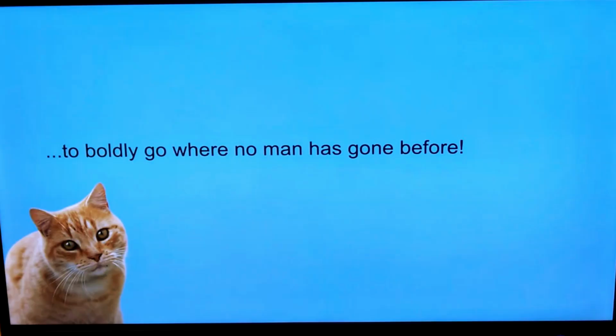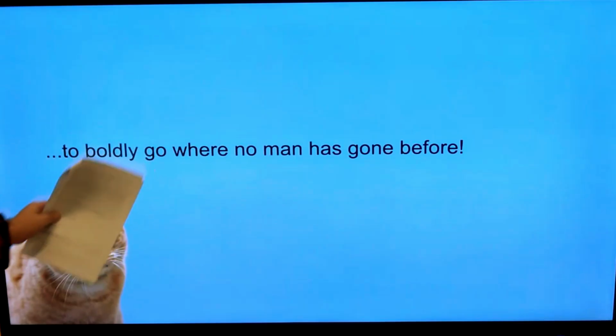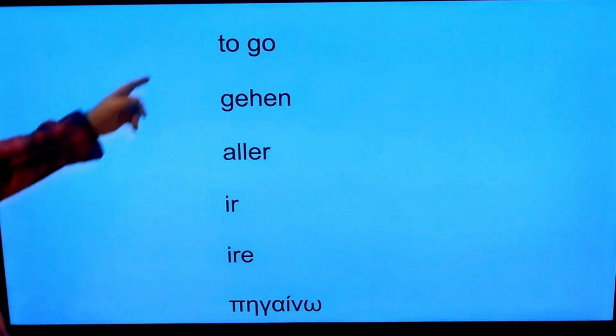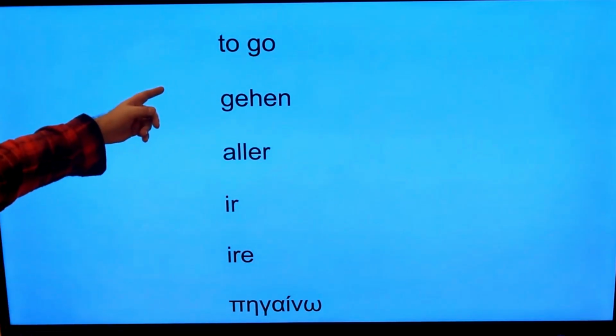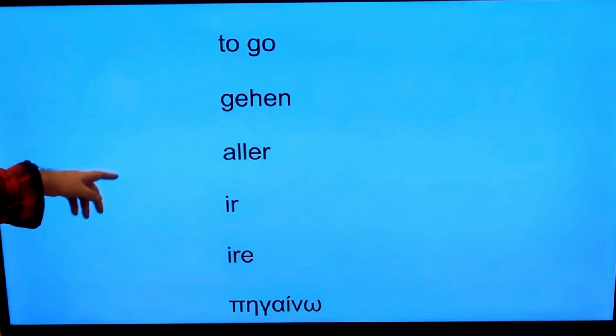Yeah, technically that's what's known as a split infinitive. The infinitive here is the verb to go. But do you know where that comes from? Because this is English. So we have to go, gain, alla, ire, pagano.